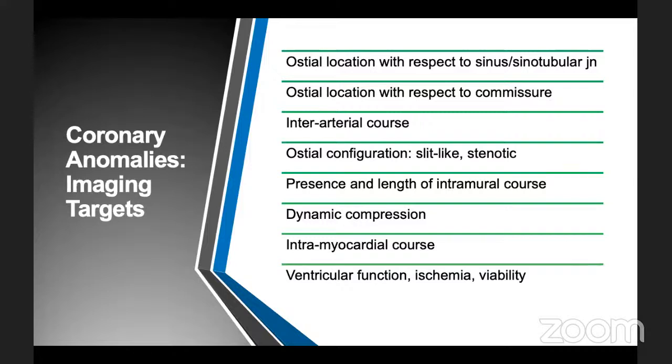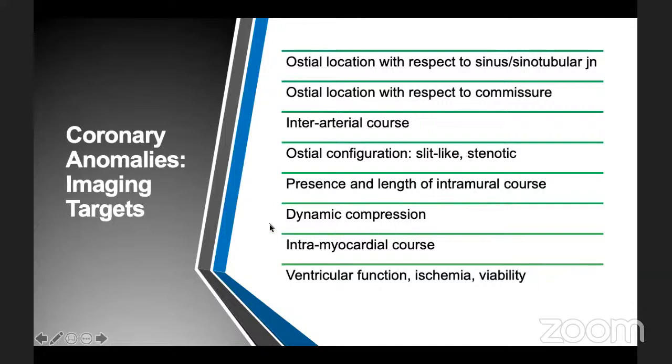Then there are some other invasive techniques that could add some other elements, but I think the most important aspects are the ostial localization, the interarterial course, and there are other elements that we can add, especially the morphology and the length of the abnormal ostium, in which we are usually trying to recognize an intramural course.